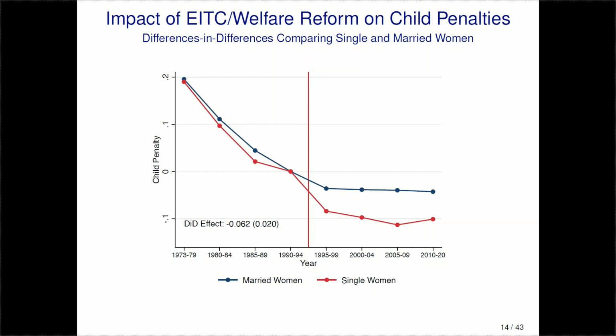So, yeah. Just one quick clarification question. For single women, those are those that are single at birth, or when they give birth? Well, here they're single at every single event. The child penalties I'm estimating here, what underlies every single dot is an event study along the lines of what I showed you yesterday and the day before.